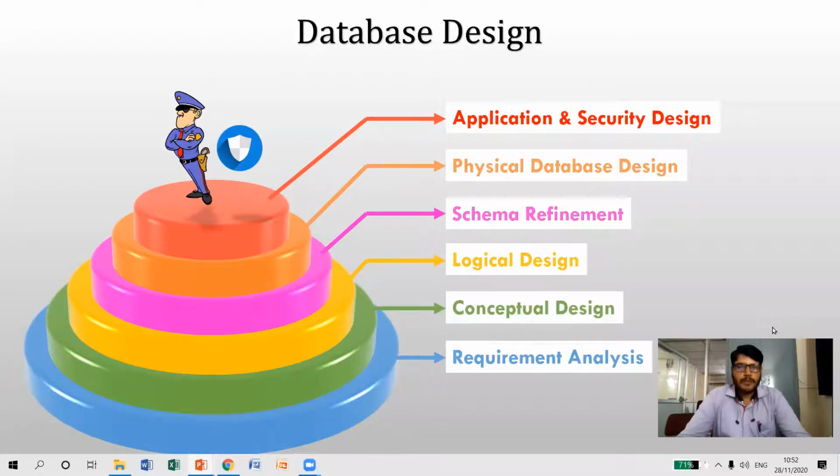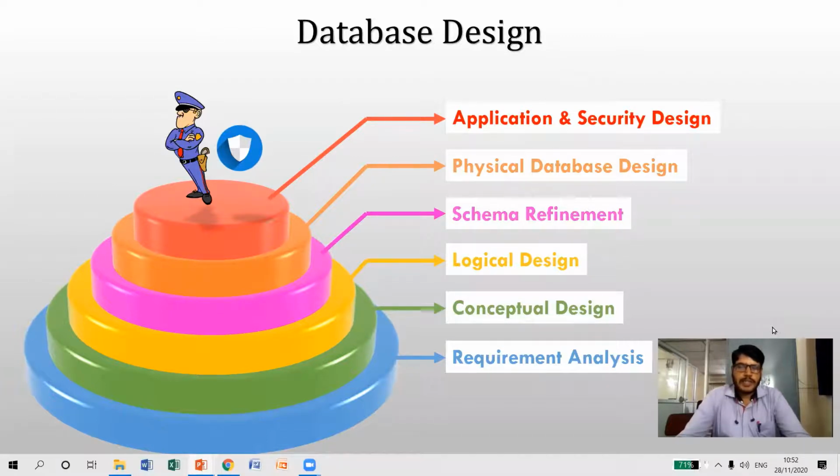For that, we need to apply mapping algorithms so that we can convert conceptual design into logical design. In a logical design, we are going to come up with a relational model. Relational model will be in the form of a tabular form so that we can store our data successfully.